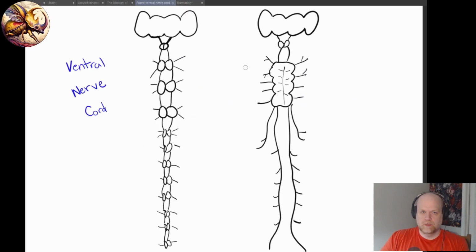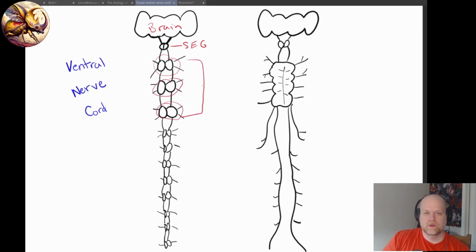And how it looks in the primitive insect from a top-down, dorsal view: you have the ventral nerve cord starting, so up here you have the brain, and below that you have the subesophageal ganglia, and then you have the ganglia in each of the body segments. These three are for the thorax, and these eight are for the abdomen.